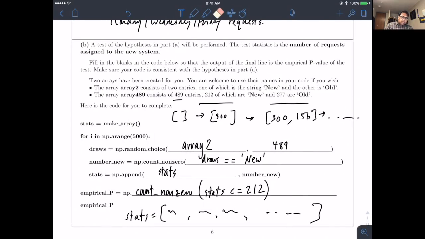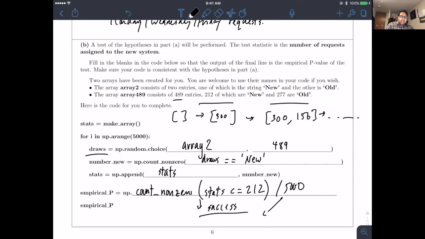So we want to find, okay, we ran this thing 5,000 times. How many times did it occur? Or how many times was it the case that there were 212 or less numbers new? Or 212 or less elements being new in array draws, right? But we have to divide that by 5,000 because sure, here these values are successes.